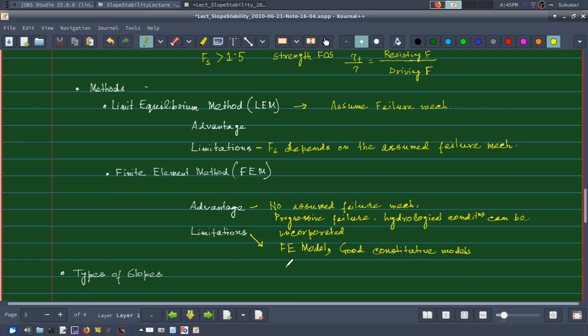Another limitation is that it takes a lot of time to prepare a model and to analyze it.